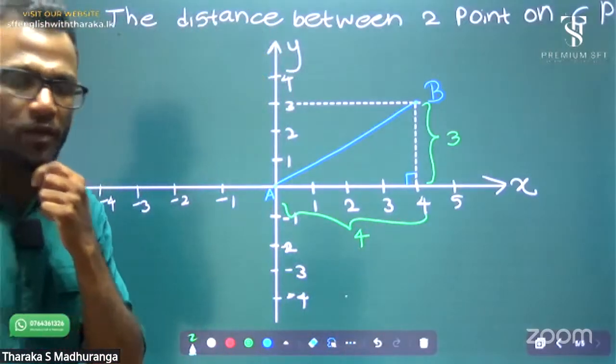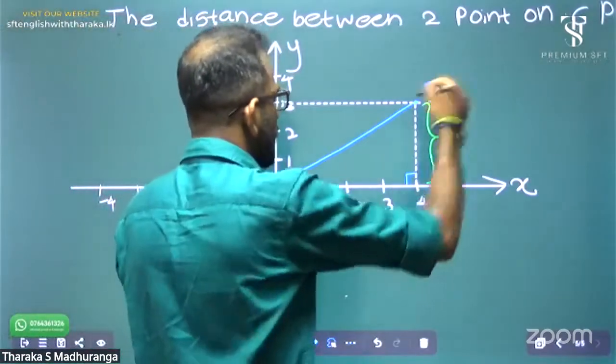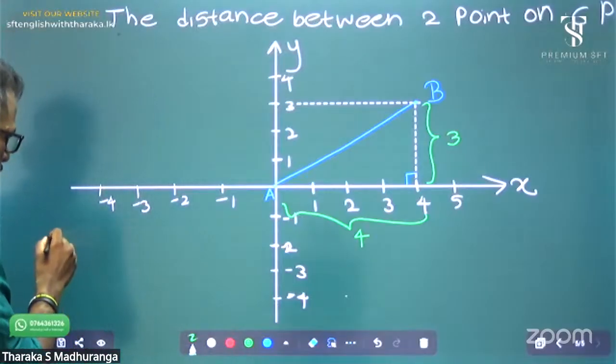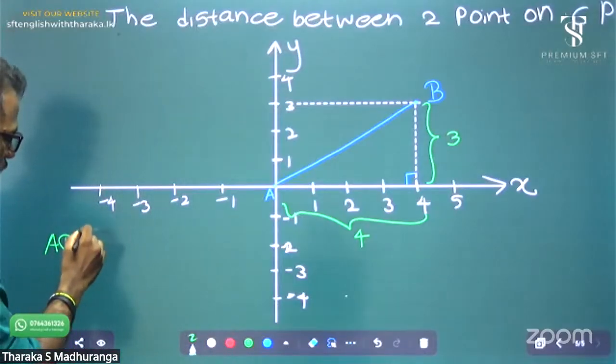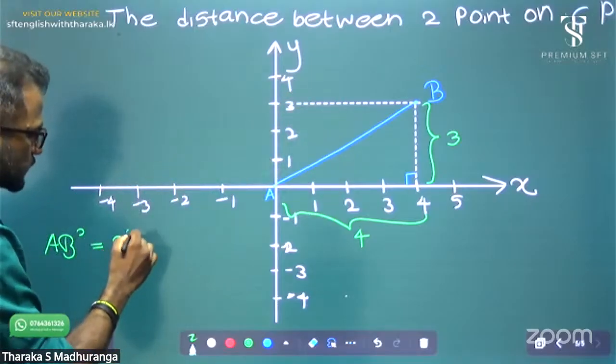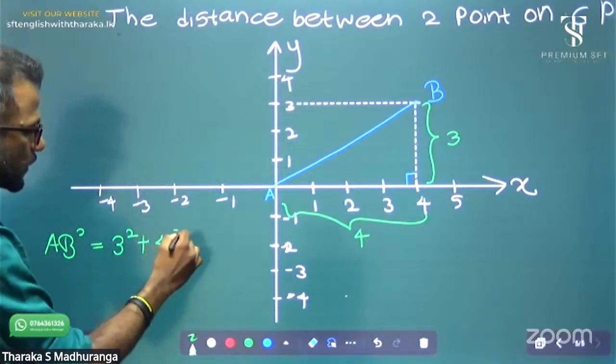Okay, now you can find it. AB squared equals 3 squared plus 4 squared.